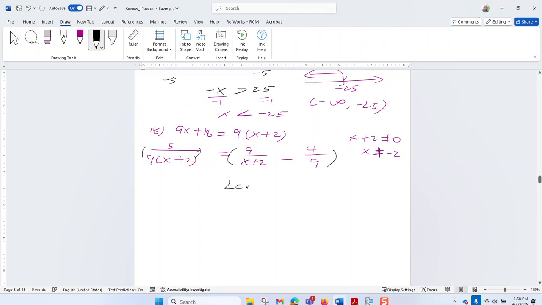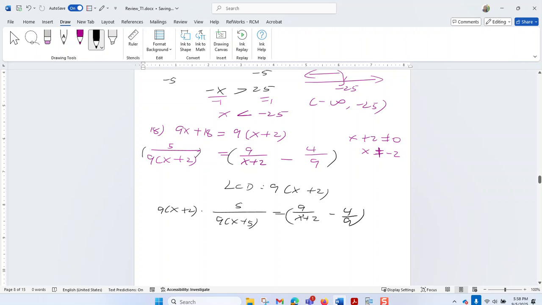So if I multiply both sides by 9 times x plus 2, let's see what happened. Everyone needs to be multiplied. This one has to use the parentheses, with 9 times x plus 2.